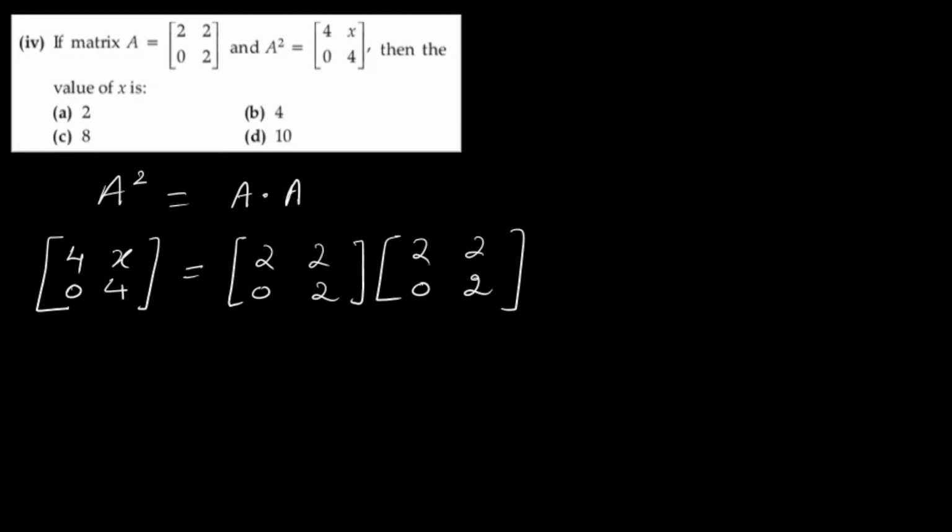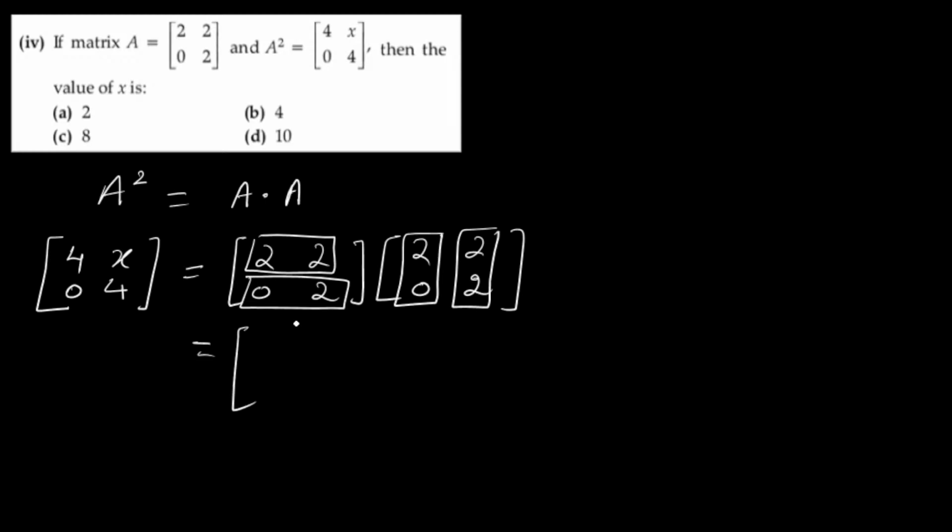We multiply two matrices and then compare the elements using equality of matrices. Rows of the first matrix with columns of the second matrix. 2 into 2 is 4, 2 into 0 is 0, 2 into 2, 4, plus 2 into 2, 4.